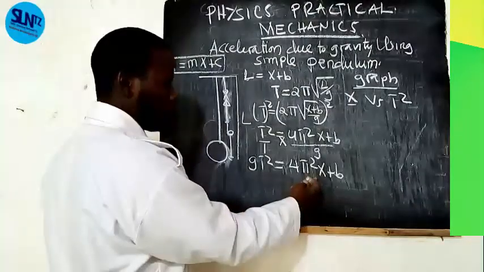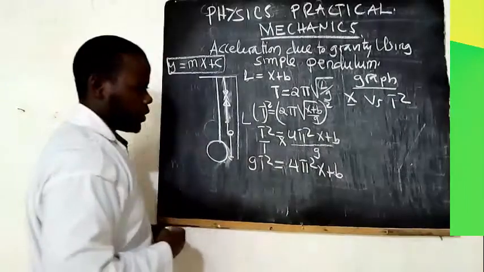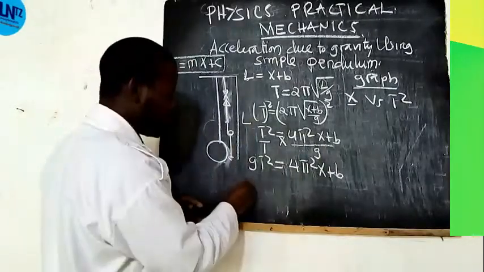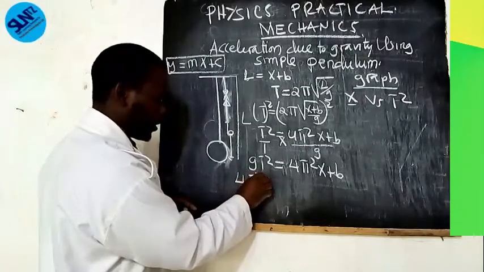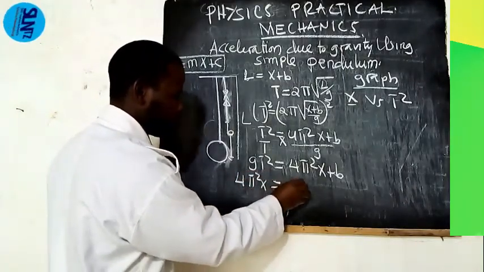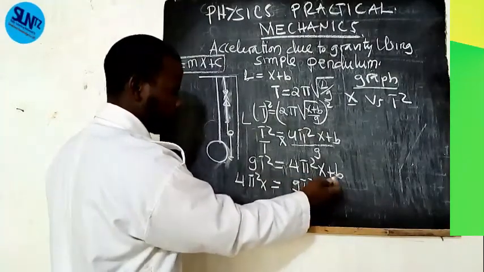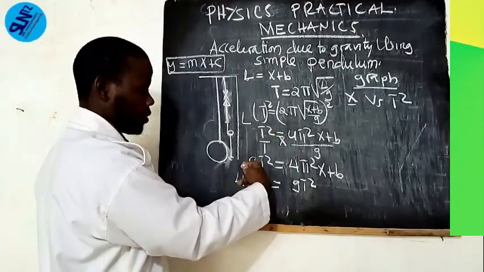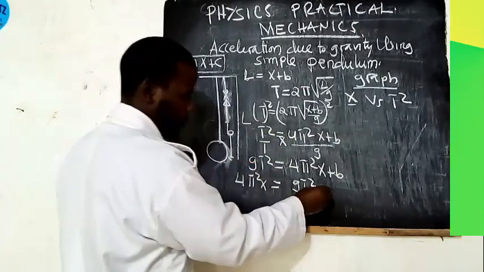In order to end with x, this one will go to this side. Or another way will be 4 pi squared x is equal to g t squared, because this one across the equal sign will be negative.